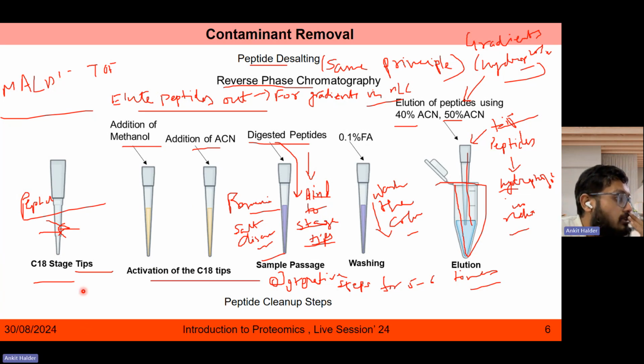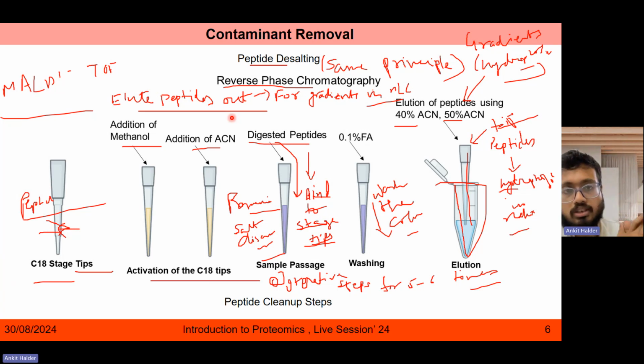It is done through a process known as reverse phase chromatography. We use a hydrophobic material, basically a C18 tip.